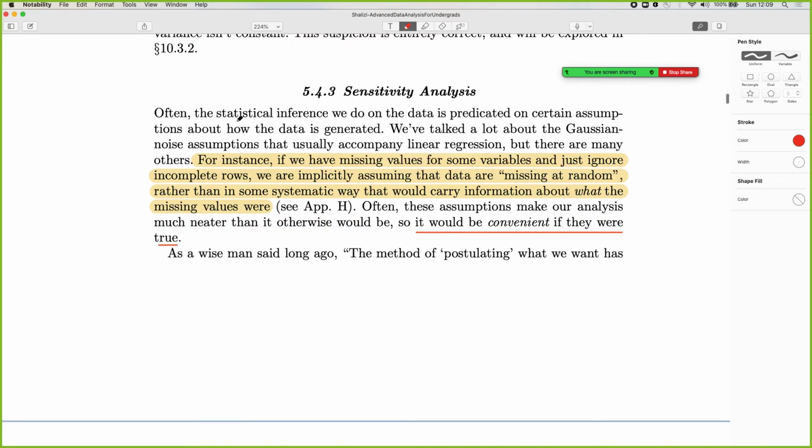Sensitivity analysis. We've talked a lot about the Gaussian noise assumptions, but there are many others. For example, if we have missing values and we ignore them, stating that they're just missing at random, then you're explicitly assuming that these missing values are not representative of any patterns, and that is important. That's not a trivial assumption to make, because if you have a lot of missing values, then it's clear that you might be missing some pattern.